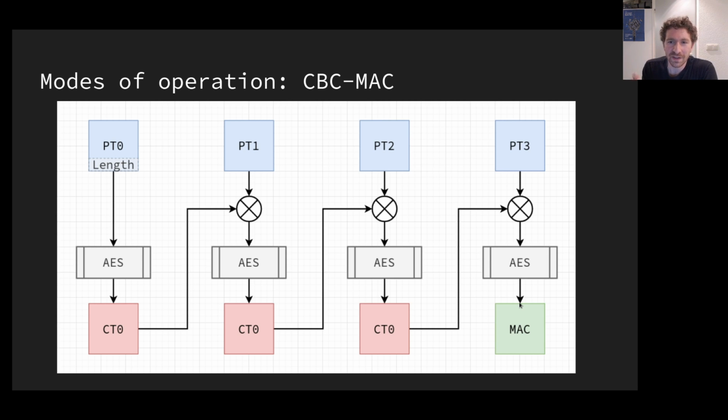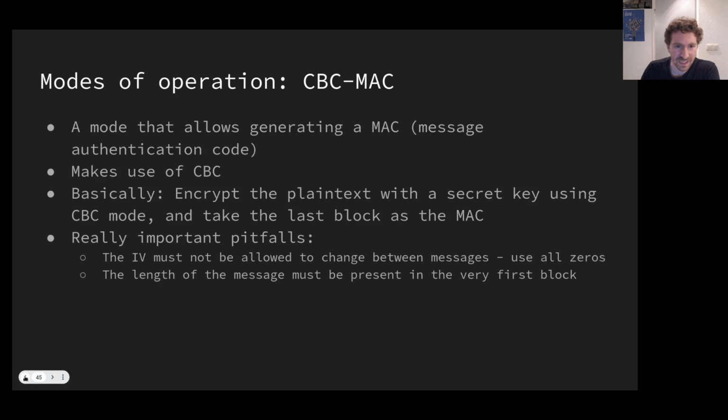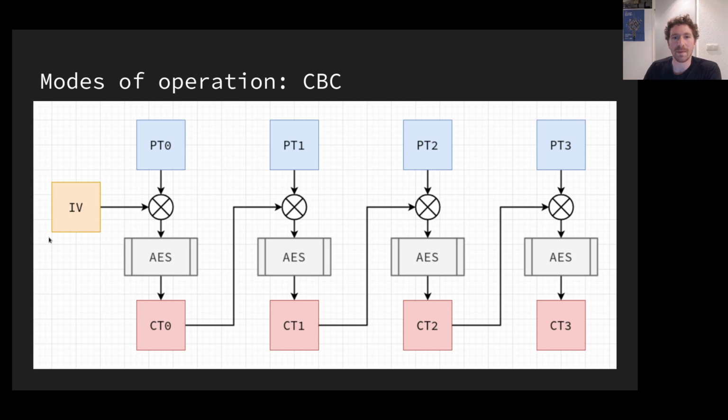Now, why can the initialization vector not change? Why do you have to keep it the same? Well, imagine this. We're going to send out with a MAC the final block. So we're sending the plain text along with this final block and the IV. Those are the things that we need to send out.